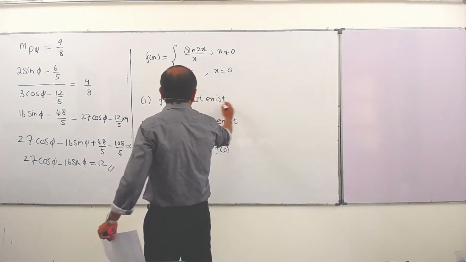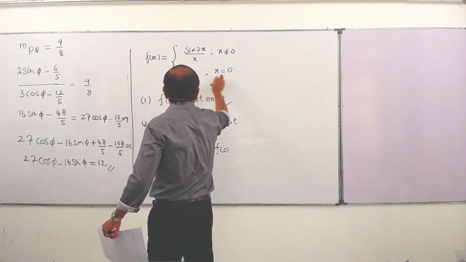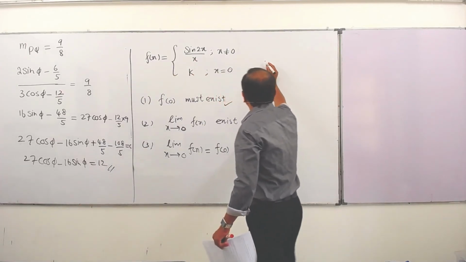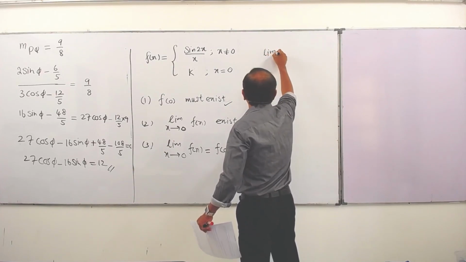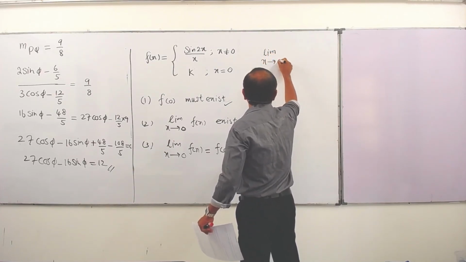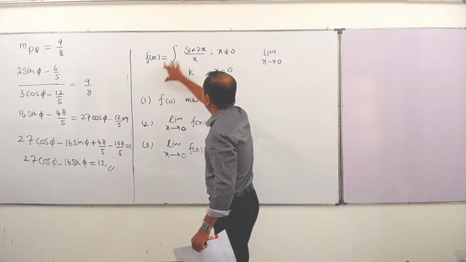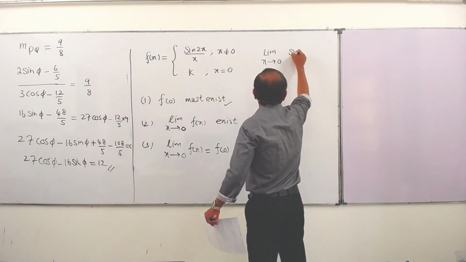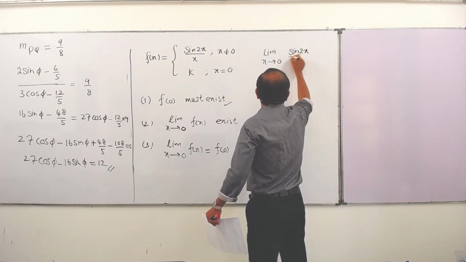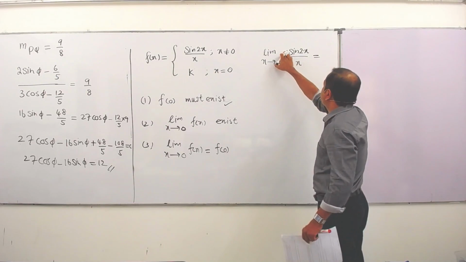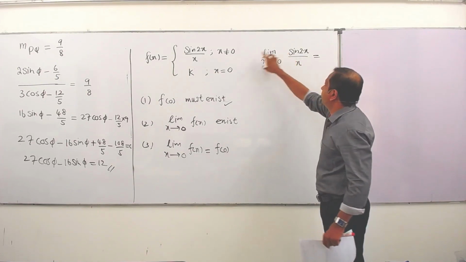f(0) must exist. This one is already okay because f(x) equals k when x equals 0. Now the limit as x goes to 0: when x is not equal to 0, the function is sin 2x over x. Multiply by 2, divide by 2, and take this 2 before.